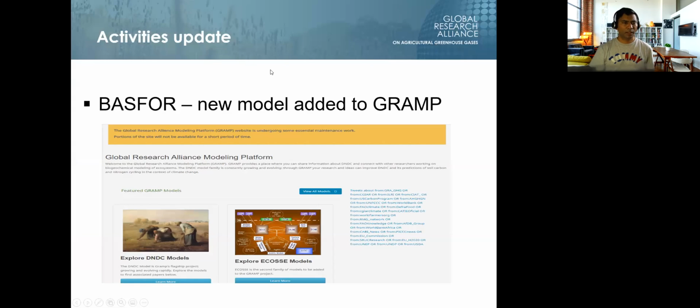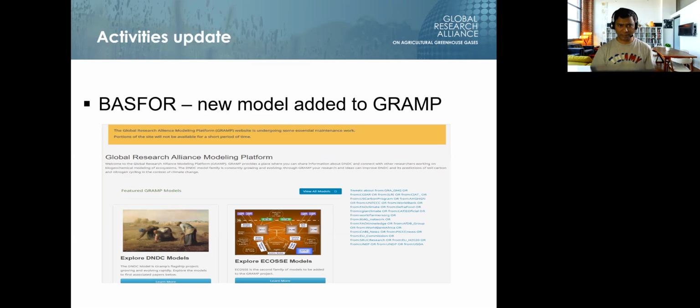Just to give an update on the activities, a new model was added to GRAMP, which is called BASFA. This model family, BASFA and BASGRA, are added along with the DNDC and ECOS families. For DNDC, the first time through GRAMP, we published a paper on how many types of DNDC exist, how many varieties of DNDC there are, and the evolution of these models that happened.